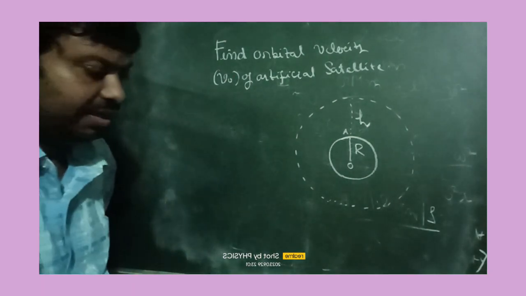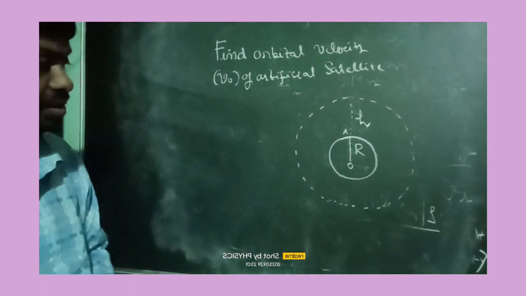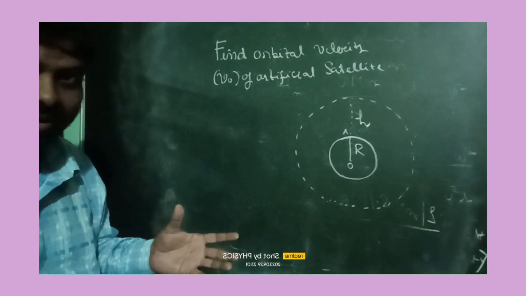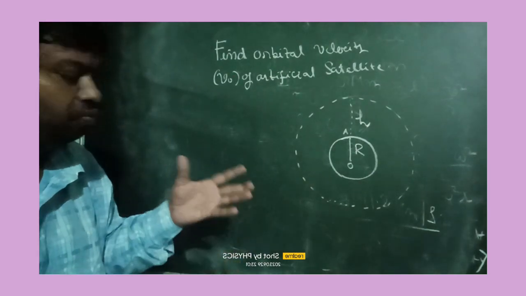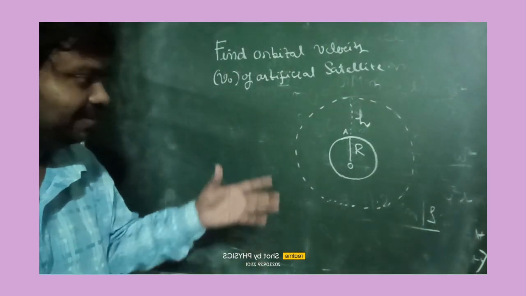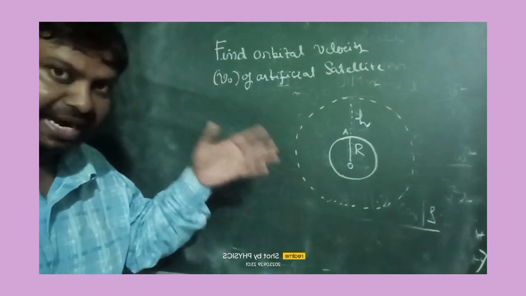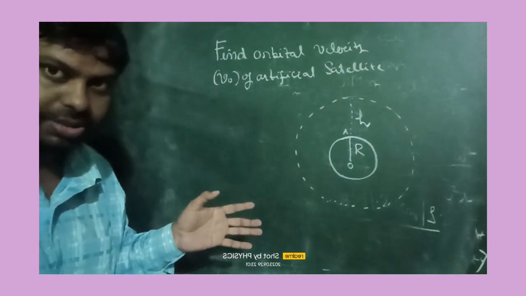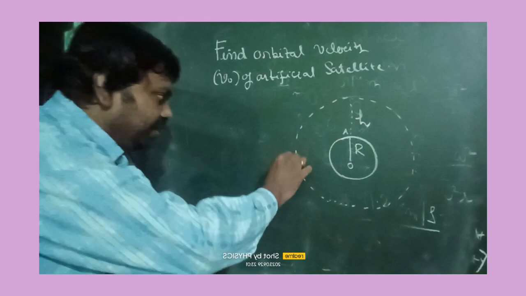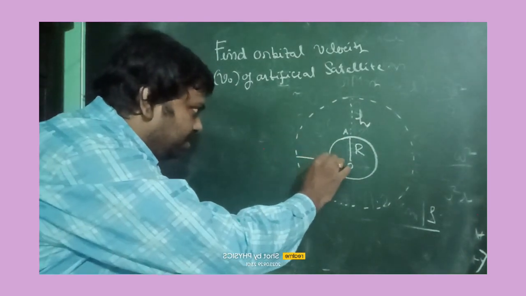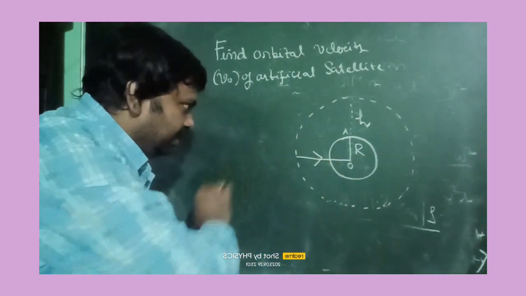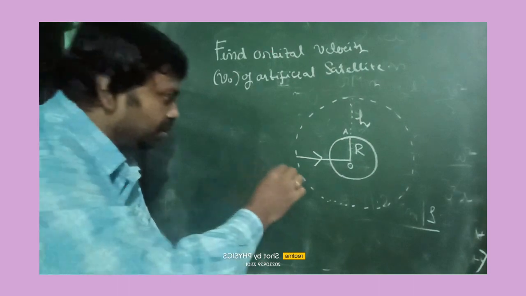When an artificial satellite is revolving around the Earth, there should be two forces. Number one is the centripetal force and another is the centrifugal force. Now to find the V0, we have to consider the two forces. Here this is the centripetal force. What is the value?